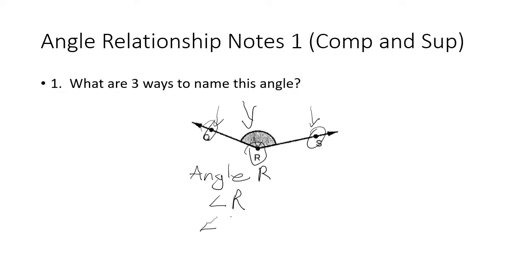So I would call this angle QRS. Notice that the actual vertex is in the middle right here. You don't need to underline it every time. I'm just highlighting that. So you've got the angle symbol, you got QRS, or you can name it angle SRQ. It has to go from one side to the other with the vertex in the middle.